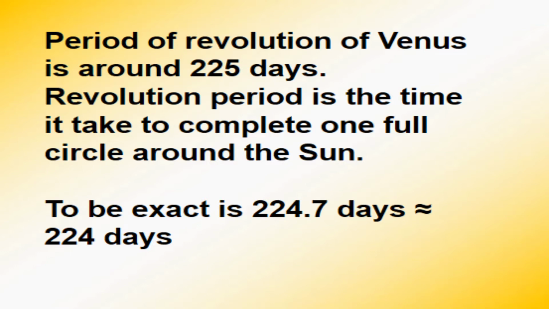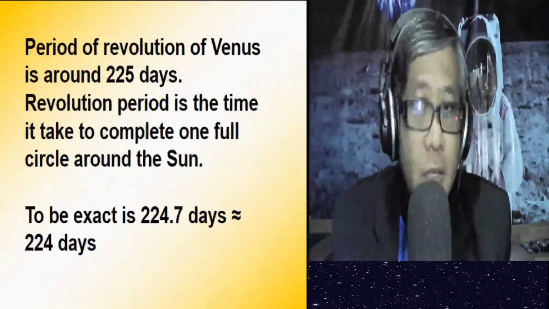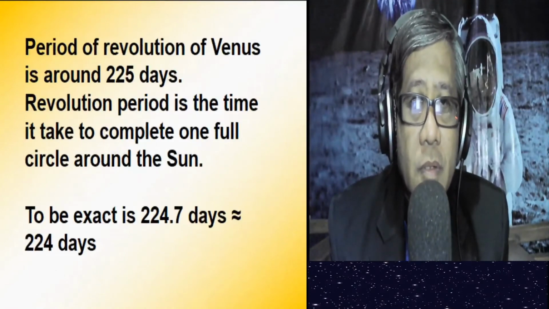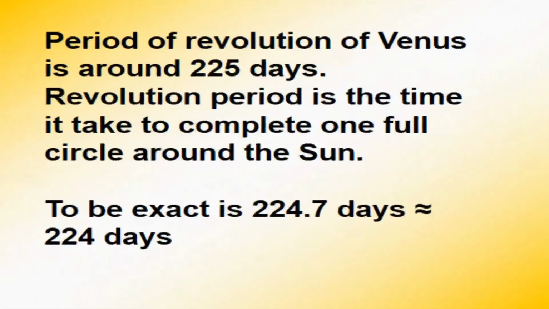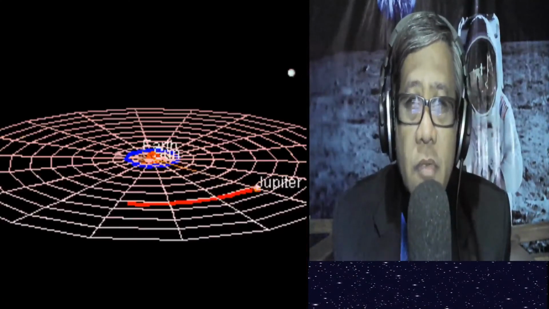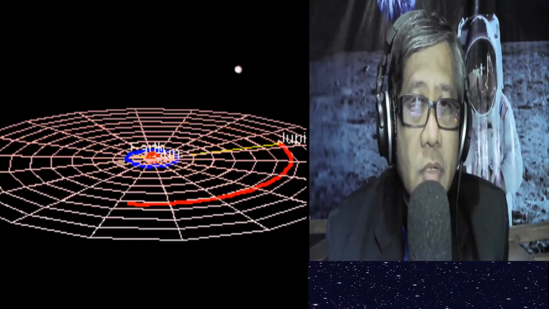The farther the planet is from the Sun, the slower is the orbital speed of the planet. Okay, so that's Kepler's third law of planetary motion. So again, let's take a look at Jupiter in this animated illustration.